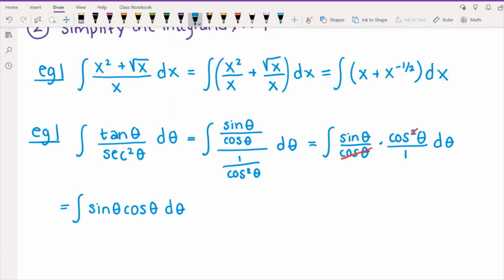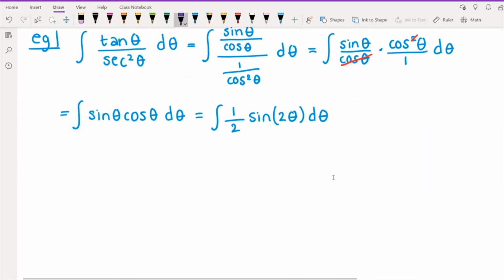And that is one of the ones that you can evaluate using trig identities. So you could rewrite this as the integral of 1/2 times sine of 2 theta d theta. And then from there, it would just be a simple substitution, like one that you might be able to just do in your head.